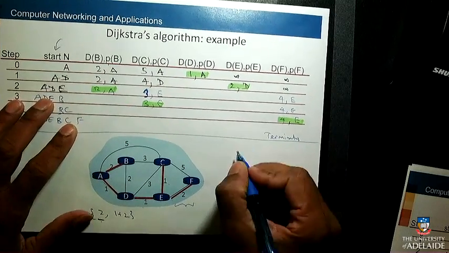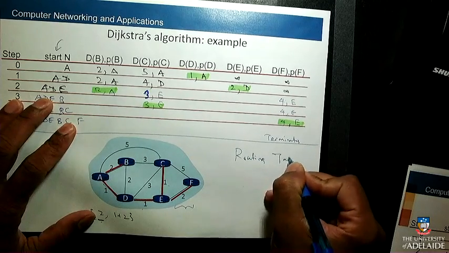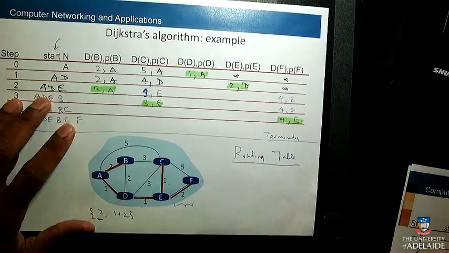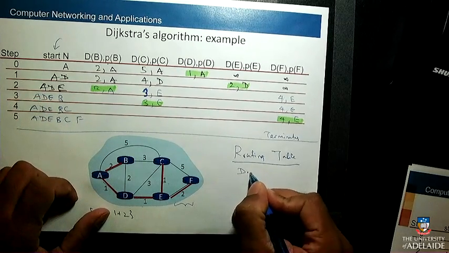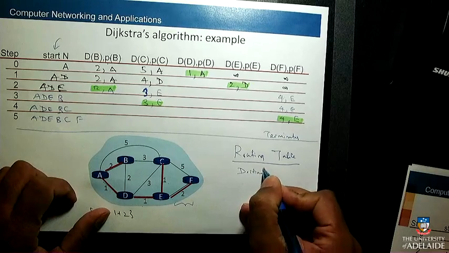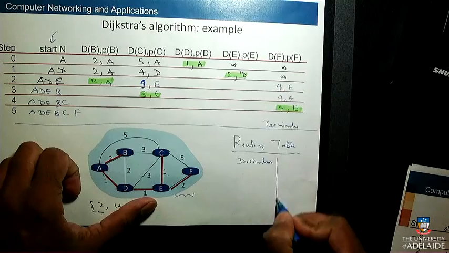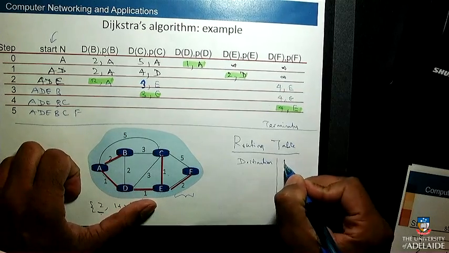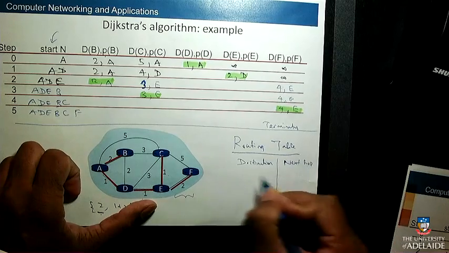So the routing table will look something like this. So it has destination, and I'm going to call it next hop.